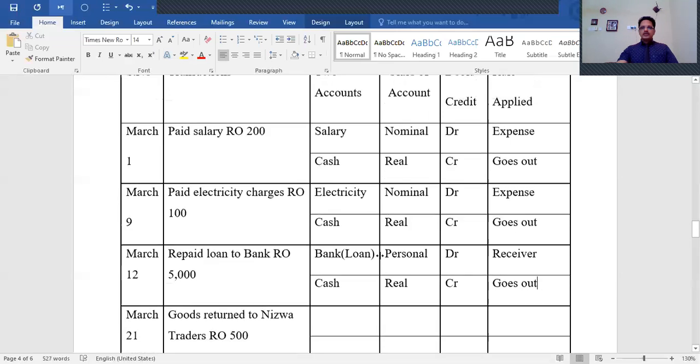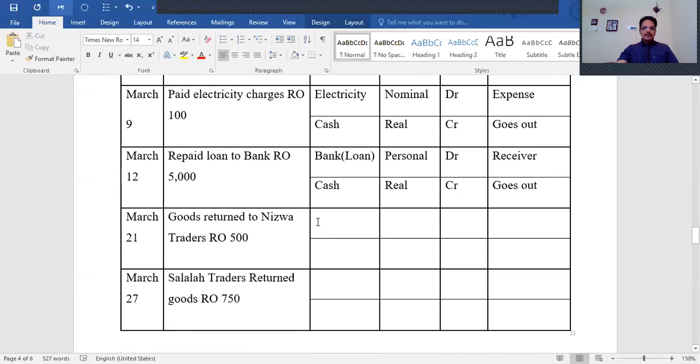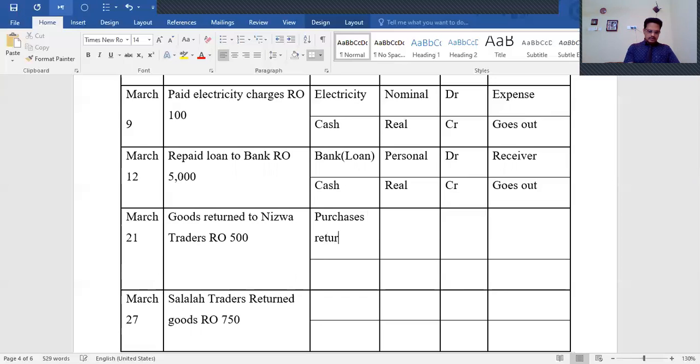So up to here there is no trouble, but here again, goods returned to NISWA. Two accounts, you know already. One is purchase return and NISWA traders.